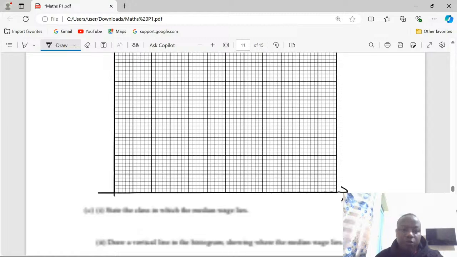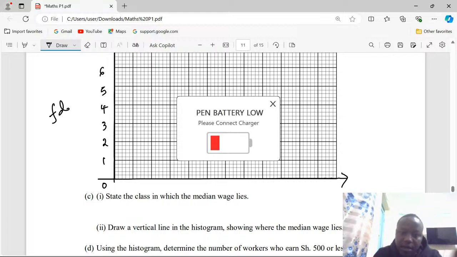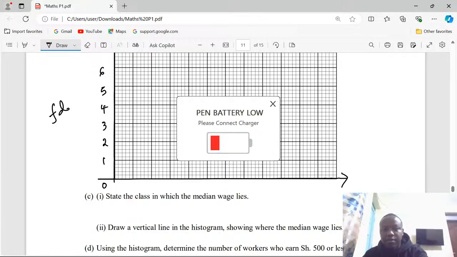So now we are starting from 0. Remember, frequency density is on this column. So from 0, we shall go to 1, 2, 3, 4, 5.